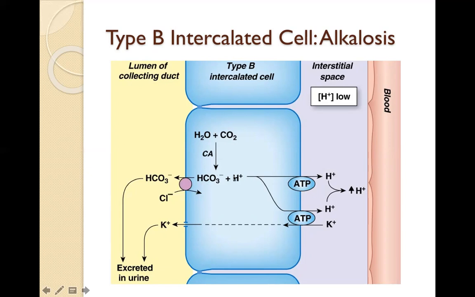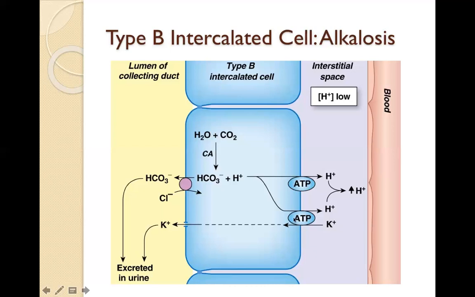At the same time, that hydrogen ion is going to be actively pumped out of the type B intercalated cell by the H plus ATPase and the H plus K plus ATPase. Together, that is going to allow for hydrogen ions to be reabsorbed in the blood and bring pH back to normal.